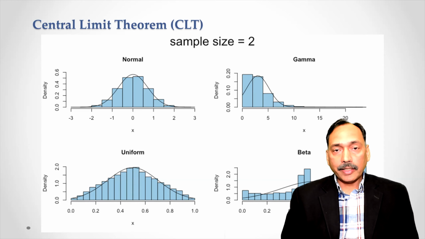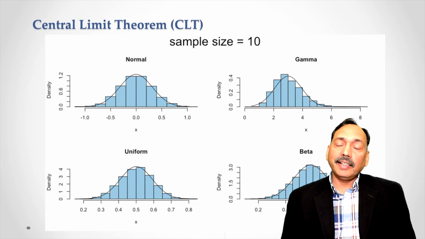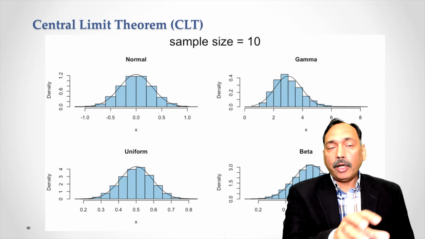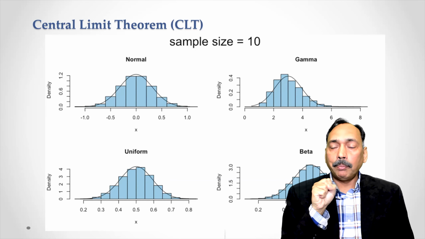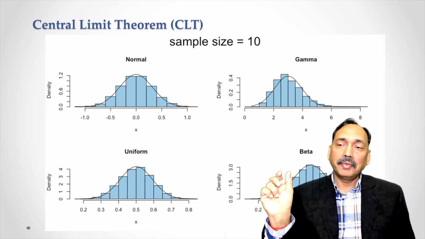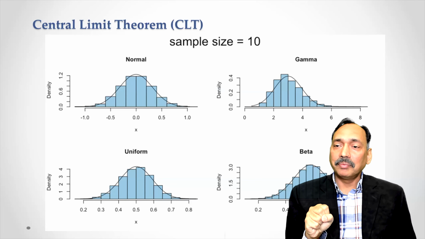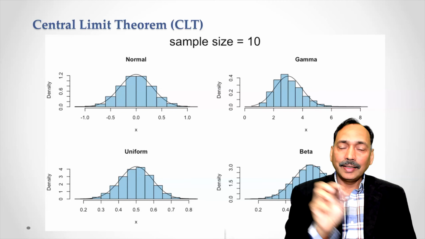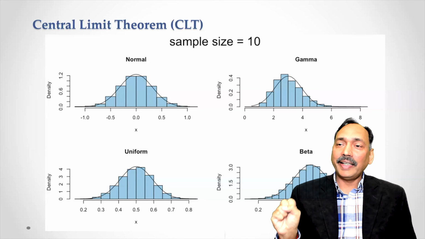So this is with size 2, but if I increase my sample to 10, what I'm doing now is taking 10 samples, finding the average, recording that average, again taking 10 samples, finding the average. So that's my second data point. Again 10, find average, third data point.